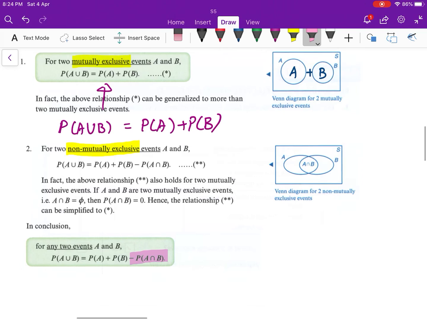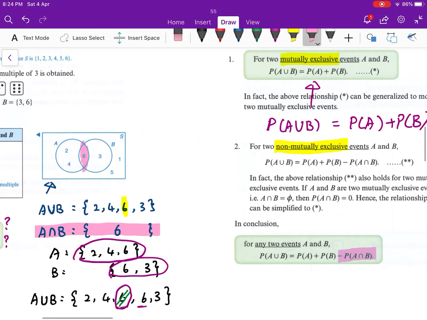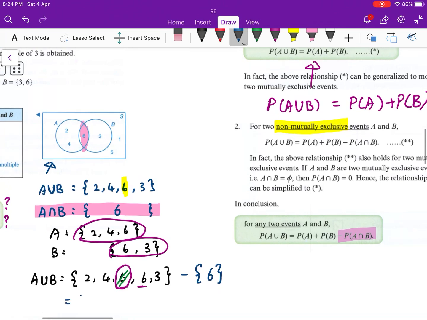So for example, just like this one, A and B, we double count the 6, right? Never mind. We just minus one of them, A and B, that means 6, okay? So that means you negate one of the 6. The final answer will be just 2, 4, 6, 3, okay? To make it 100% correct, because sometimes you double count it.